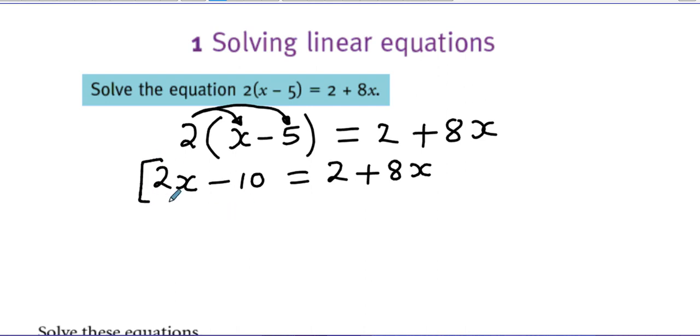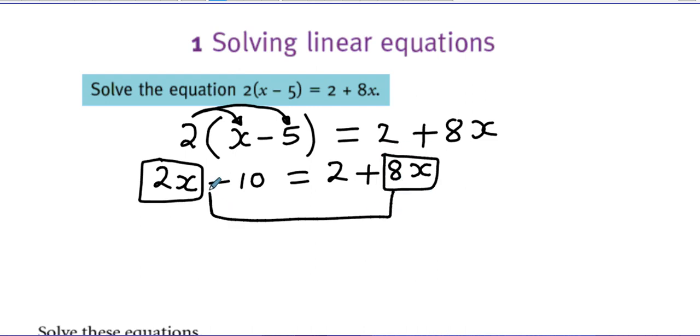I prefer taking all those terms which have got the letter and shifting them to the left hand side. So in that case, this will be 2x. Now since this is positive 8x, this will be minus 8x equals 2 and negative 10.